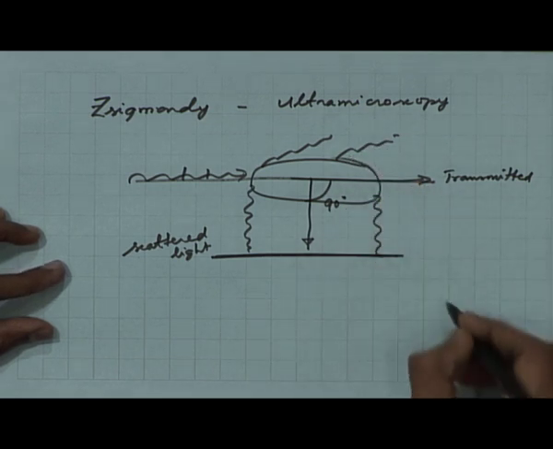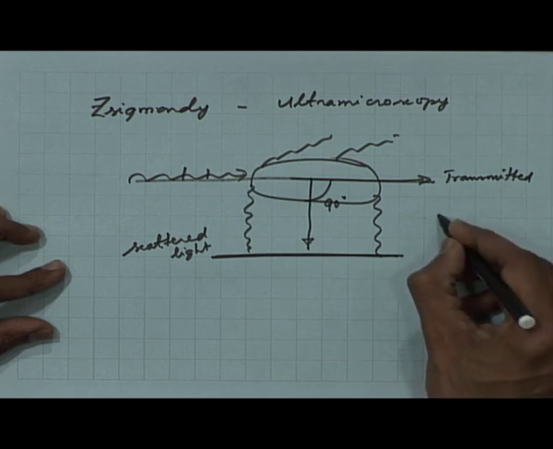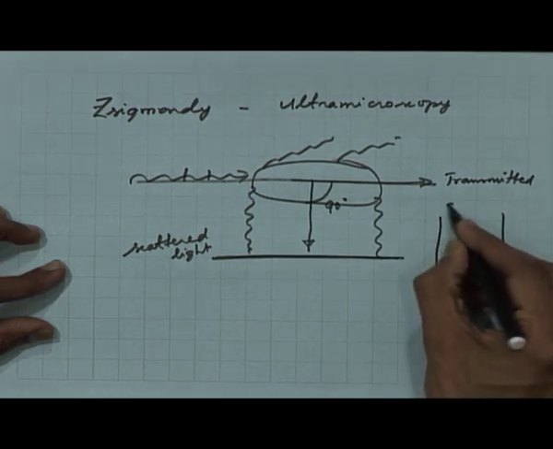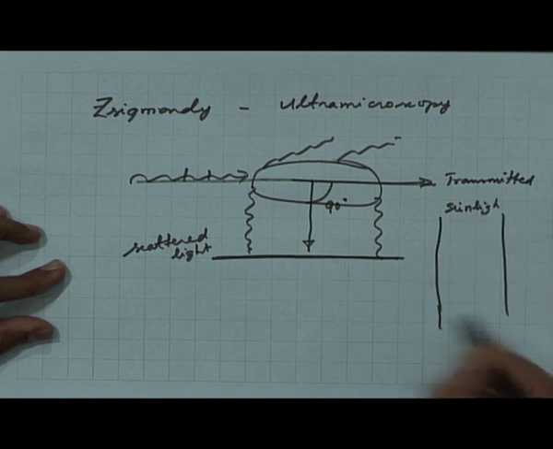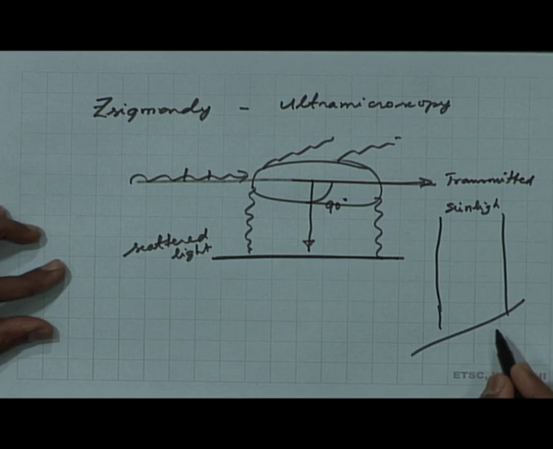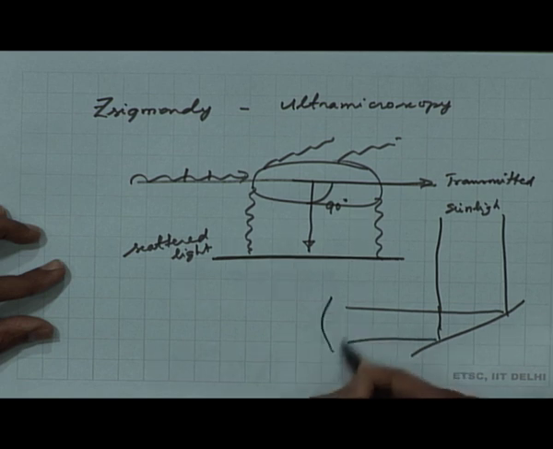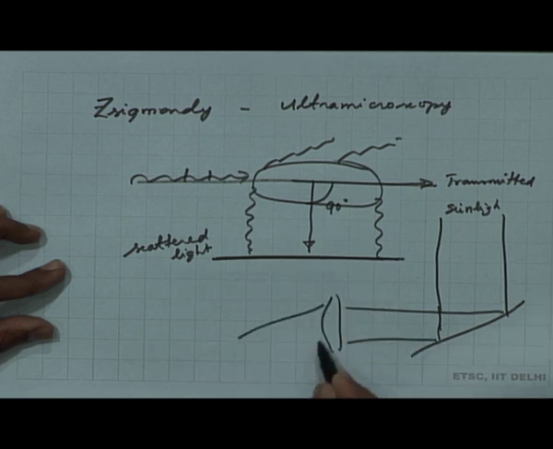So, how it worked was that Zsigmondy took sunlight. Imagine that sunlight comes through and he put this onto a mirror, let us say. So, this is a mirror and the light comes through, and then he took a lens here and he focused it onto a sample.